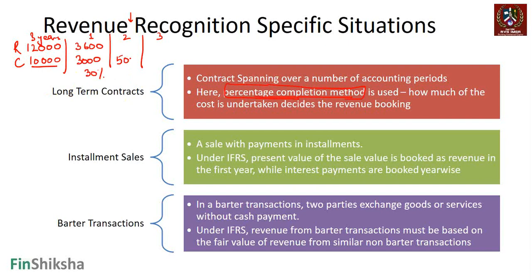If in the second year you take another 5,000 crore of cost, that's 50% more done, so another revenue would be 6,000 crore. And then obviously in the third year, whatever is remaining will come. So in longer term contracts, you will basically build this in terms of how much cost has been undertaken.